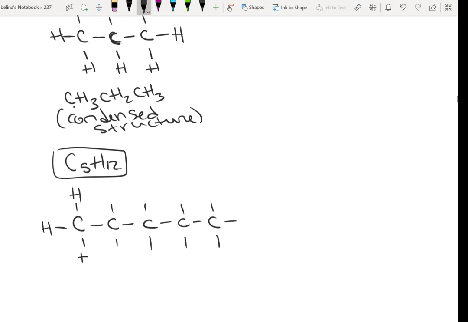Because this is a saturated hydrocarbon or an alkane, I have enough hydrogens to have 4 single bonds on each carbon. And you can count them: 1, 2, 3, 4, 5, 6, 7, 8, 9, 10, 11, 12. So I know it's just going to be single bonds all around. That's one possible isomer with this formula.